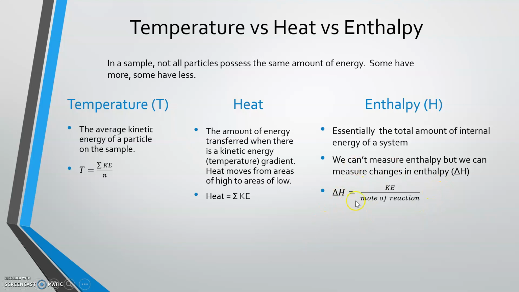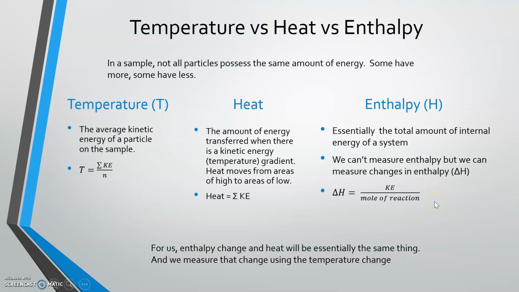So the units of delta H are typically kilojoules per mole. Like I said, enthalpy and heat are going to be pretty synonymous for us. And in order to measure the energy change, we actually need to use the temperature change. So these are all three very closely related and are going to help us examine energy.